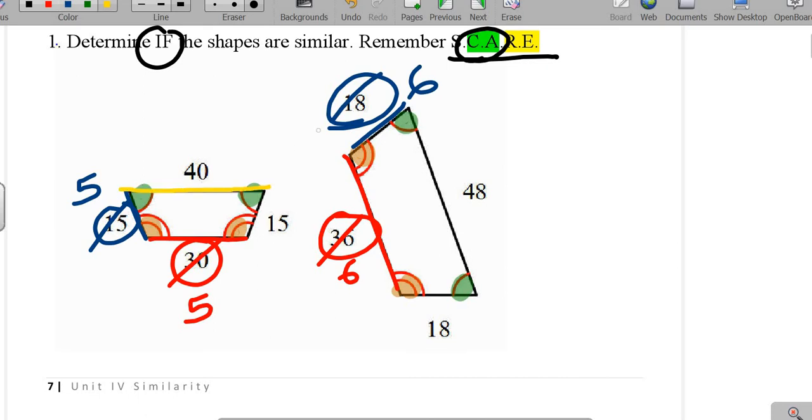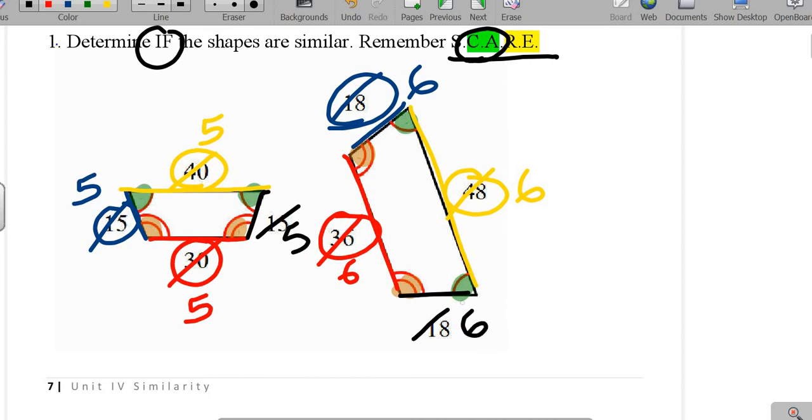Let's go long to long. 8 goes in there 5 times, 8 goes in there 6 times. And this matches over here, so again, that's a 5 to 6. So you can see the ratio all the way around is 5 to 6. So we would say check, yes, these shapes are similar.